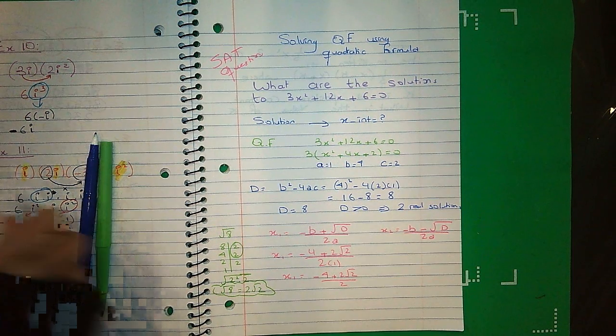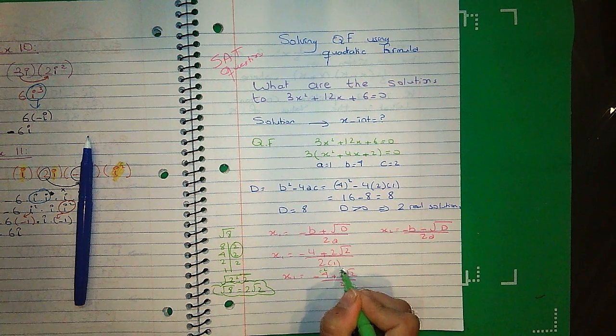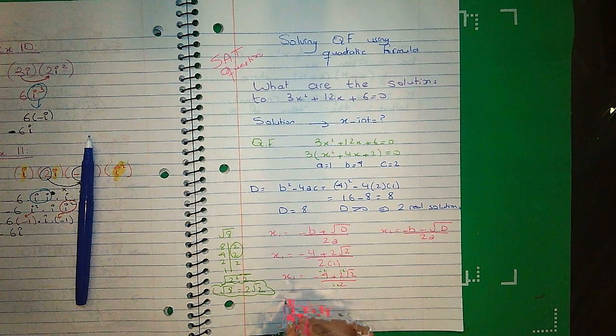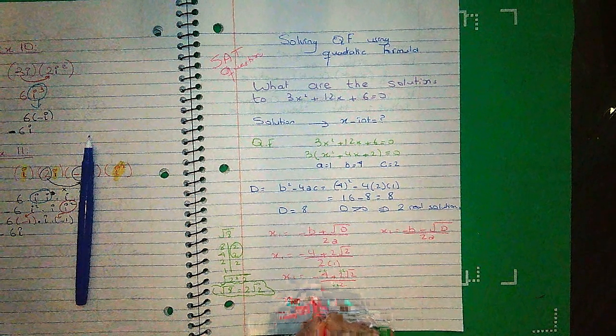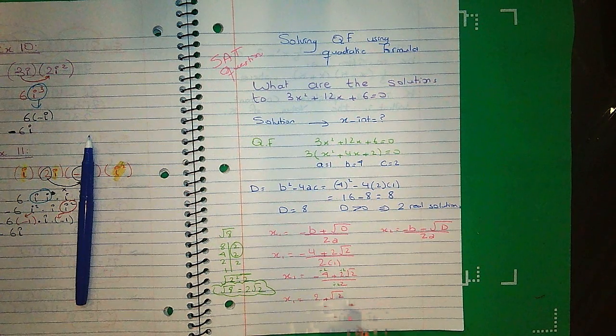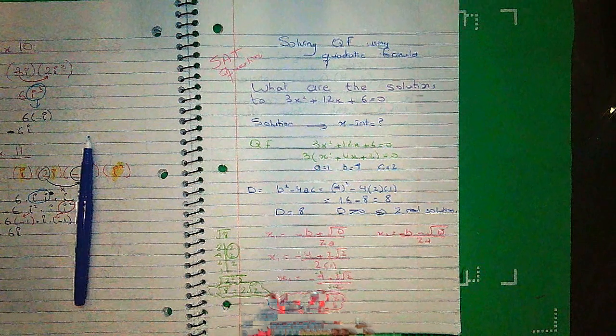We can simplify by dividing all of them by 2. So x1 is negative 2 plus square root of 2 over 1. I don't need to write the over 1. So this is my first solution.